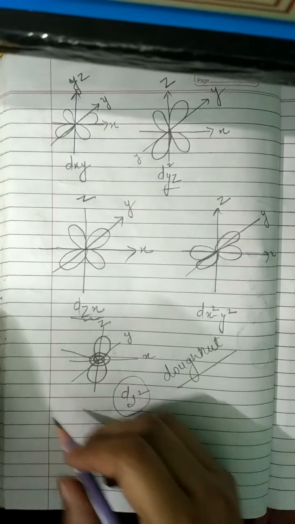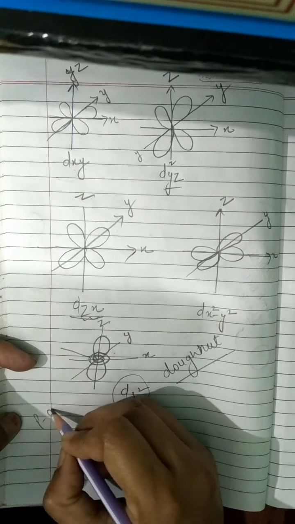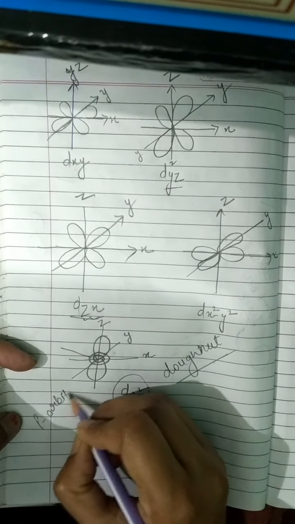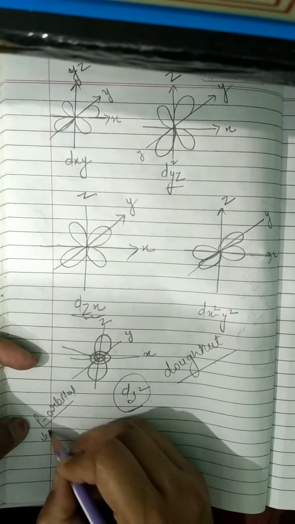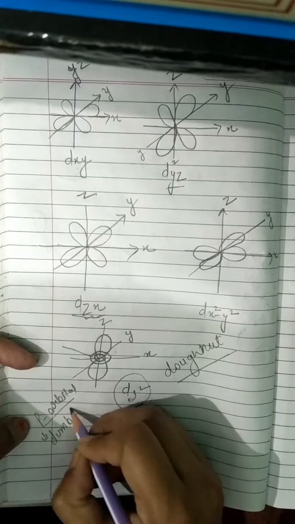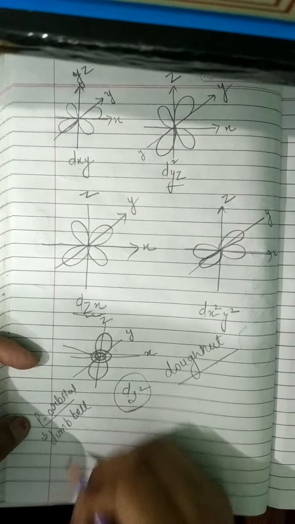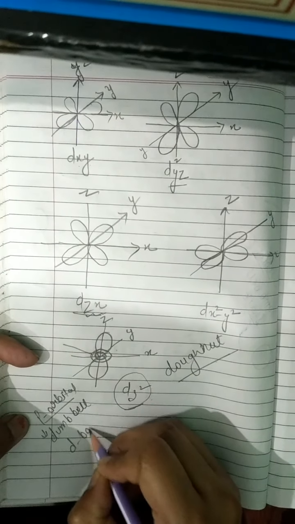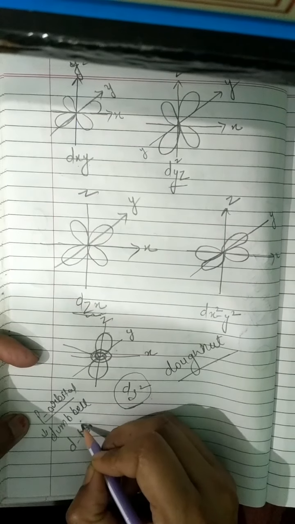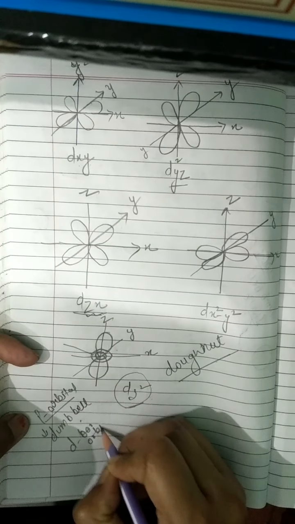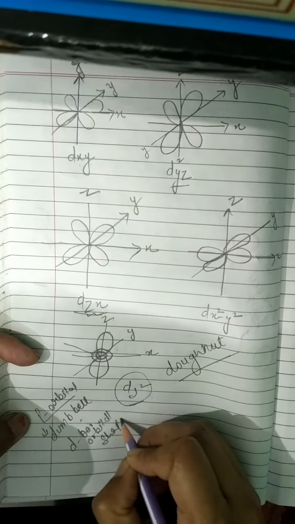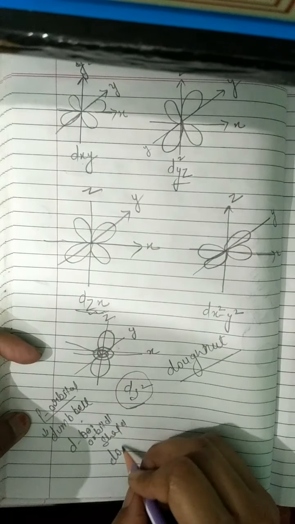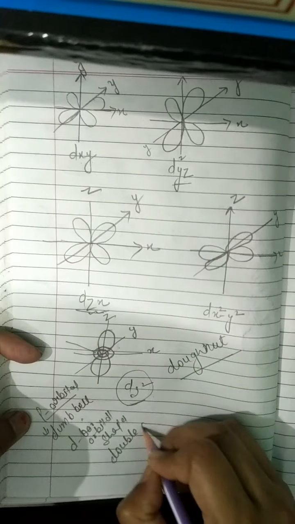And in the case of p orbitals, that is called a dumbbell shape. But in the case of d orbitals, the shape is called double dumbbell shape.